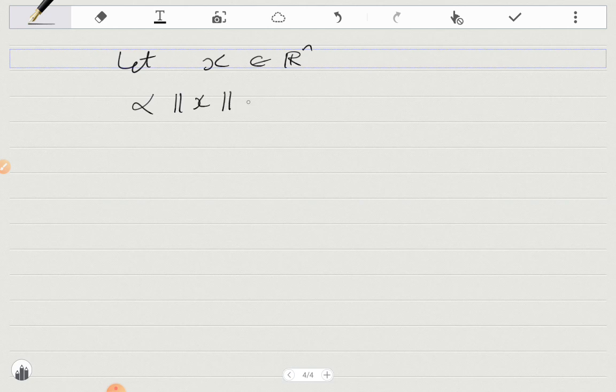Alpha norm x is equal to alpha norm A inverse Ax, which is less than or equal to, as usual, norm A inverse times norm Ax.